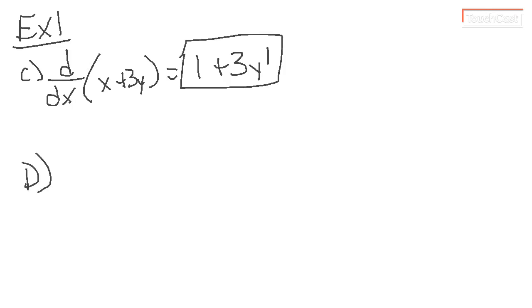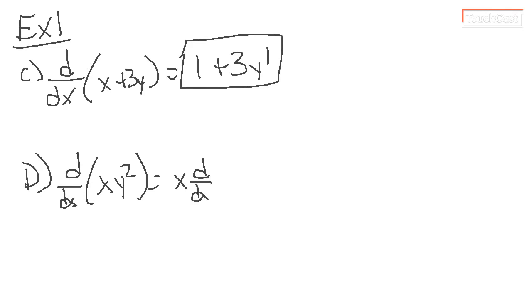Example 1D, we're going to take the derivative with respect to x of x times y squared. We've got a product here. So we're going to take x and then find the derivative with respect to x of y squared, plus we're going to take y squared times the derivative with respect to x of x.